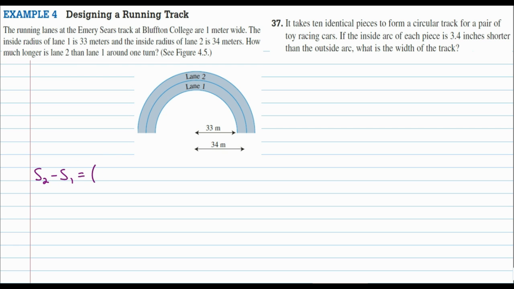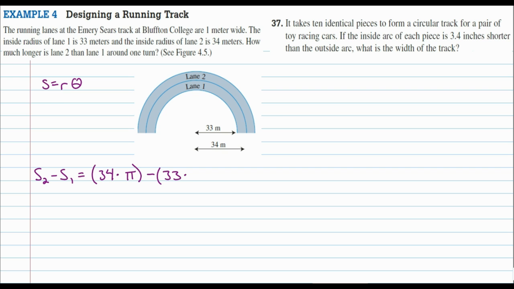Arc length 2 is going to be, let's see, arc length in general is r times theta. Well, the radius of lane 2 is 34 meters, and its theta, its angle, is half of a circle, so that's just pi radians. Now arc length 1, its radius is 33 meters.